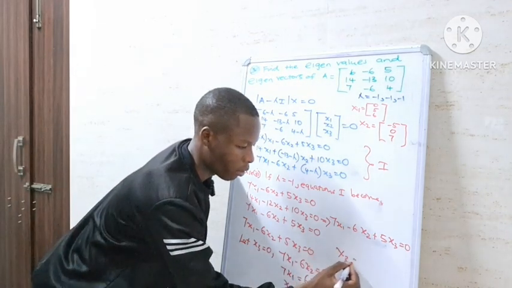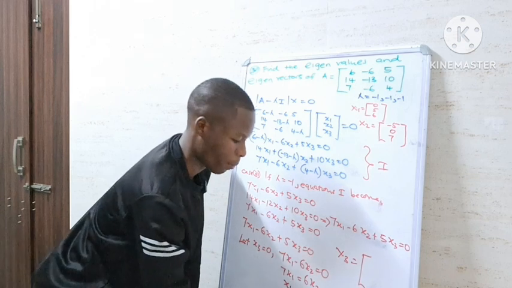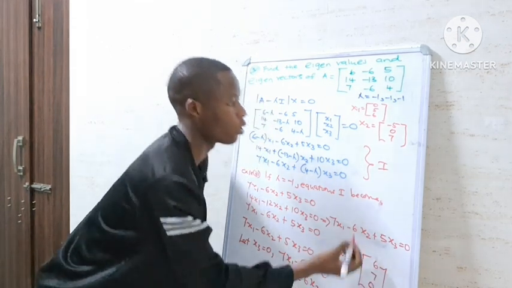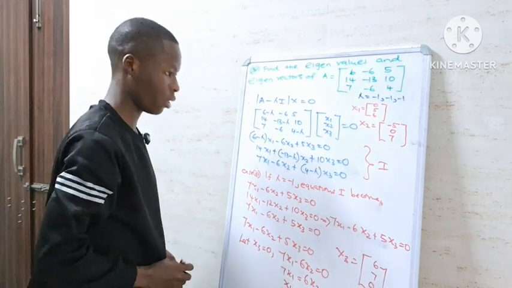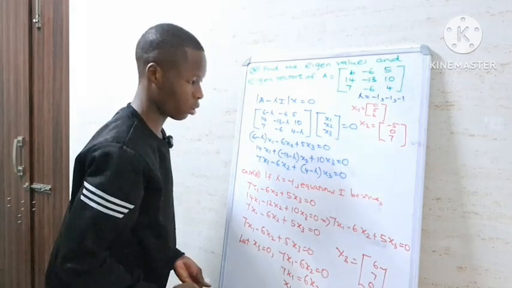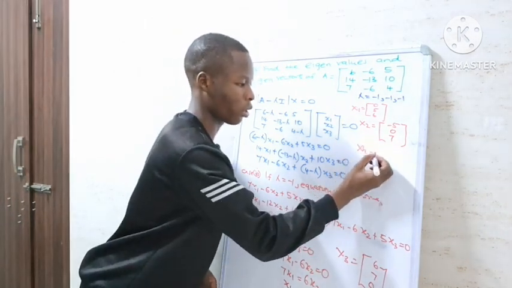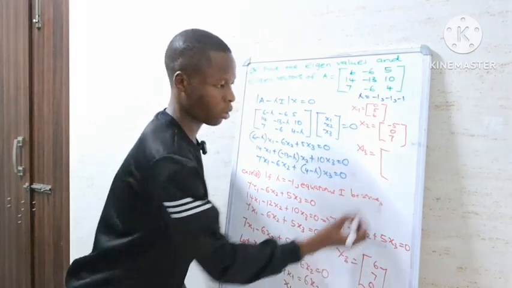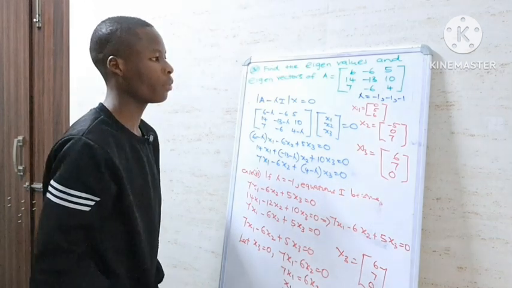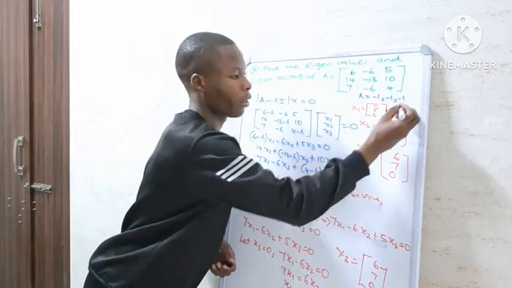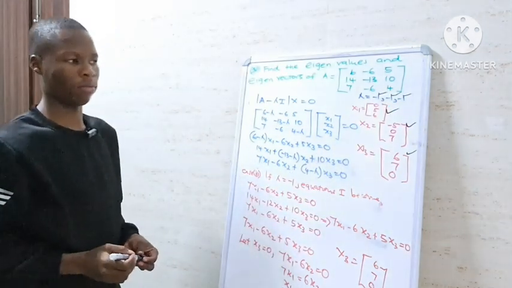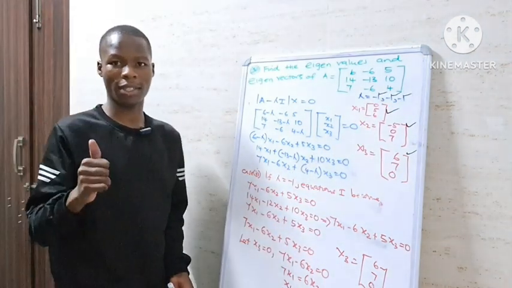So the third eigenvector x3 is equal to 6, 7, 0. So these are the eigenvectors and these are the eigenvalues. Job done.